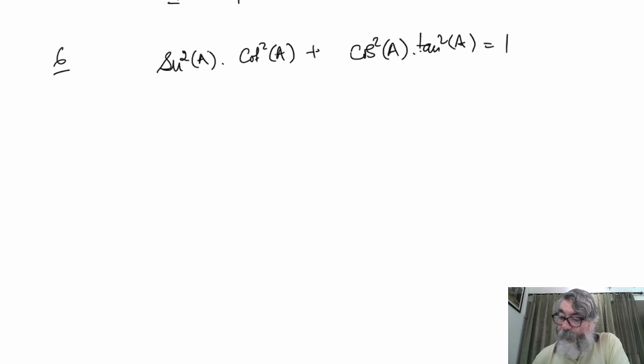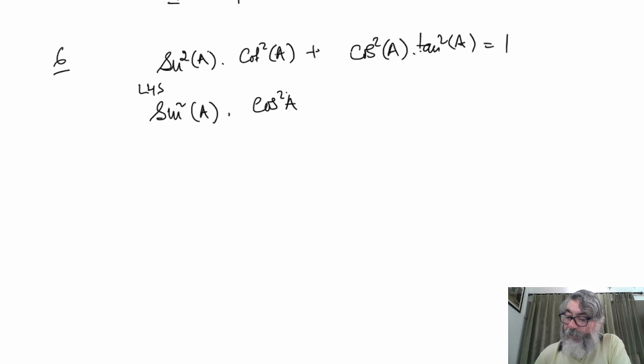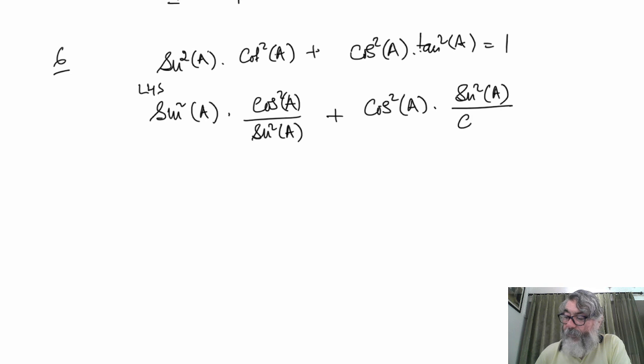So what are we going to do here? Again we are taking the left hand side. Sin square a, cot square a will be cos square a upon sin square a, plus cos square a, tan square a will become sin square a upon cos square a.